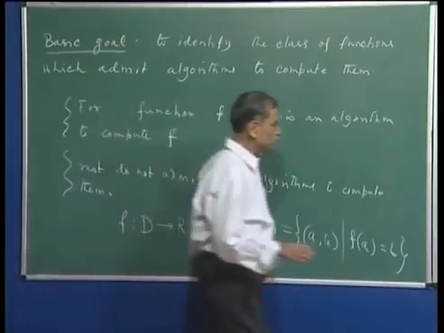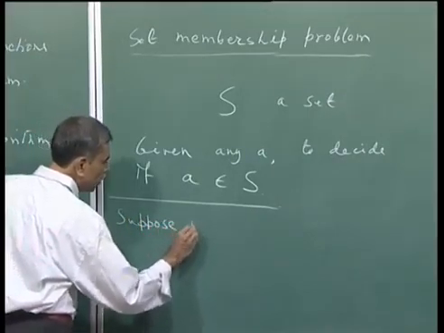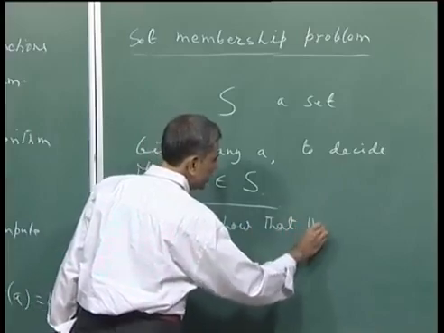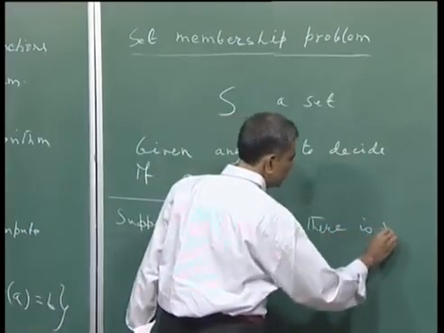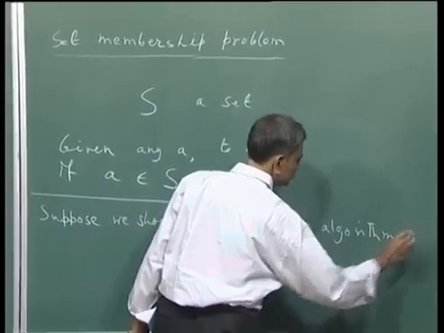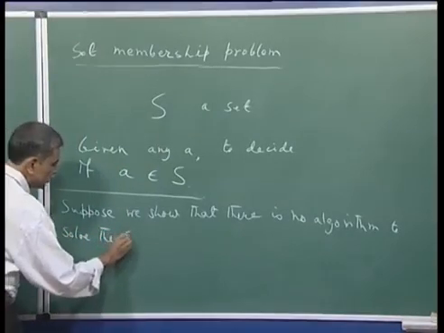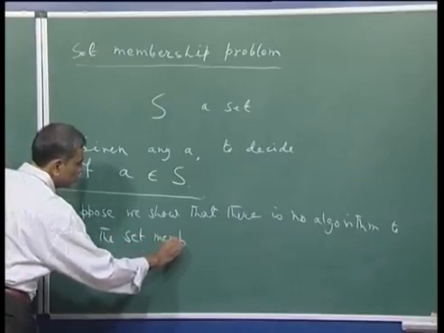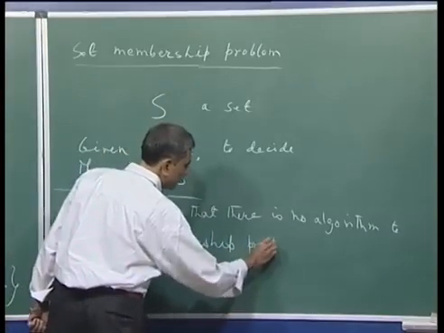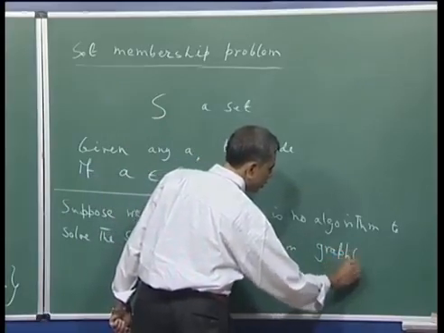So, let us write it down. Suppose we show that there is no algorithm to solve the set membership problem for the set graph of f.